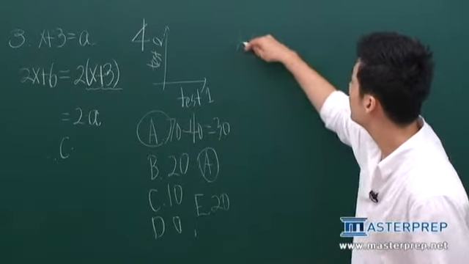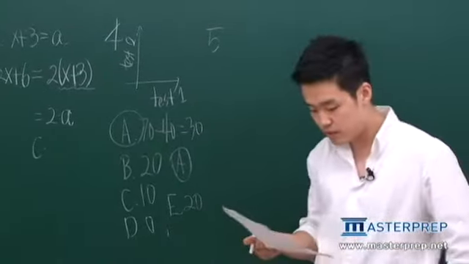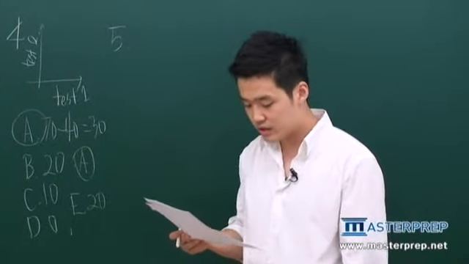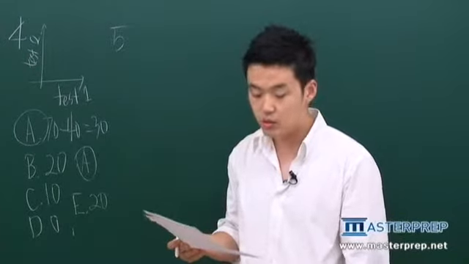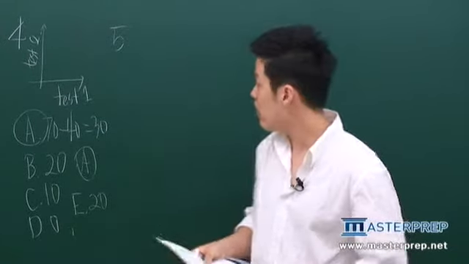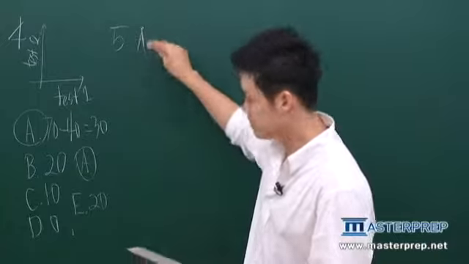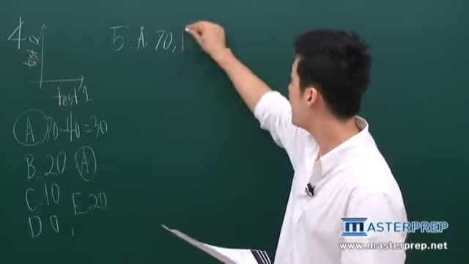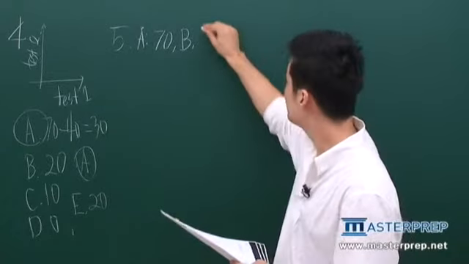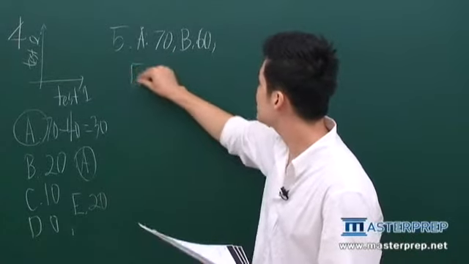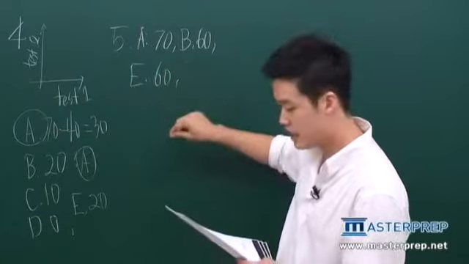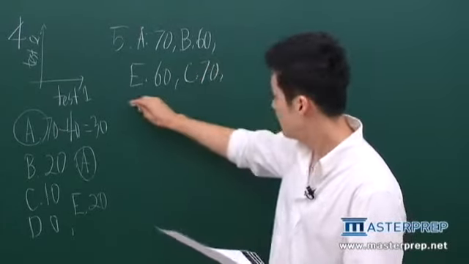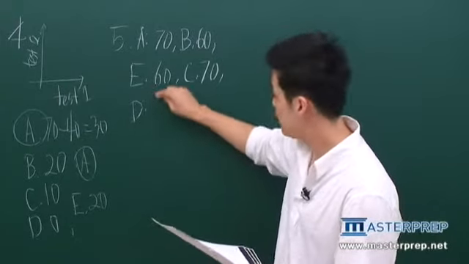And number 5 is related to number 4. What was the average of the scores of the 5 students on test 2? So we only have to look at test 2. A has 70 on test 2. B has 60, E has 60, C has 70, and D has 80.